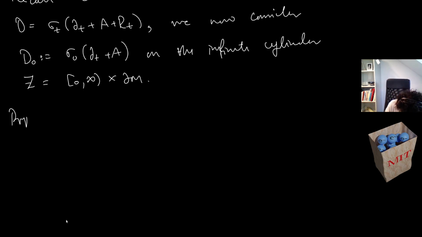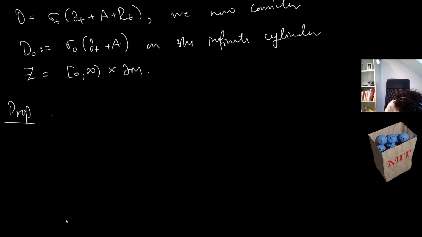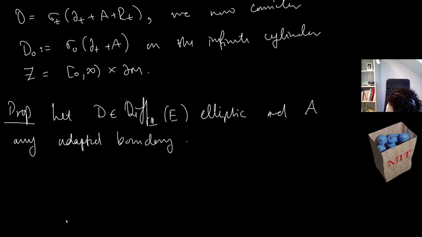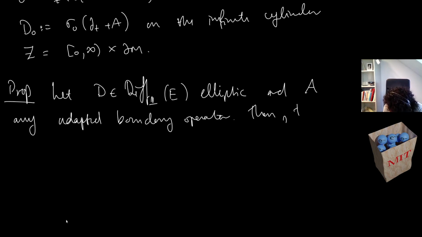So let's begin with a proposition. Let D be as before, so this is a first order elliptic differential operator, and A any adapted boundary operator. Then the following hold.